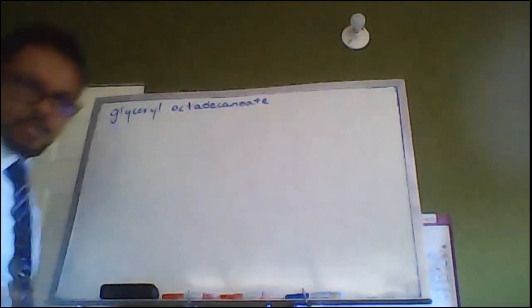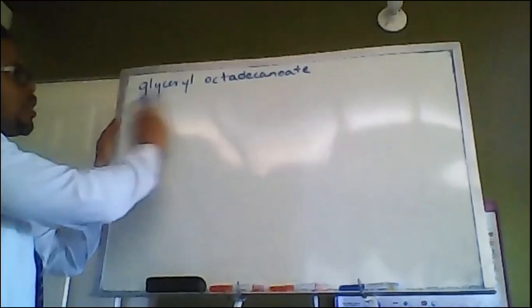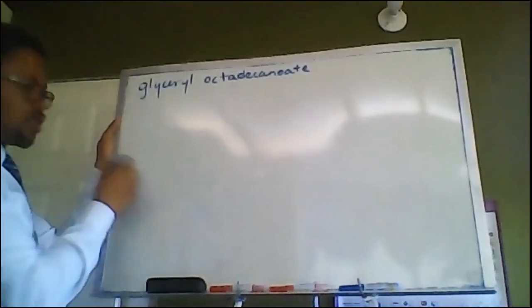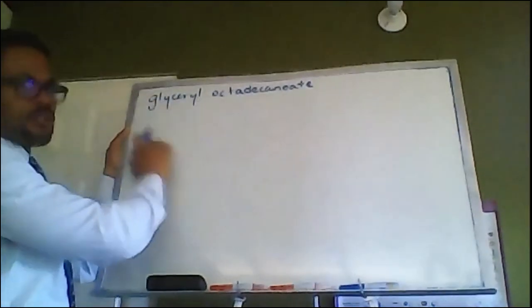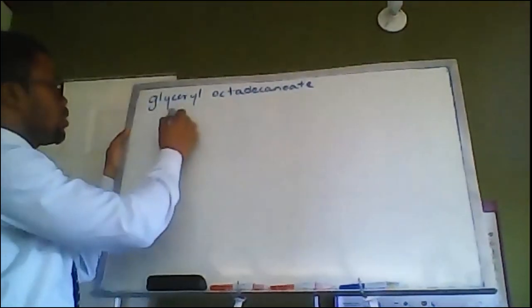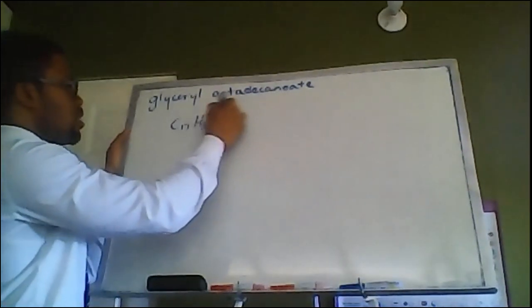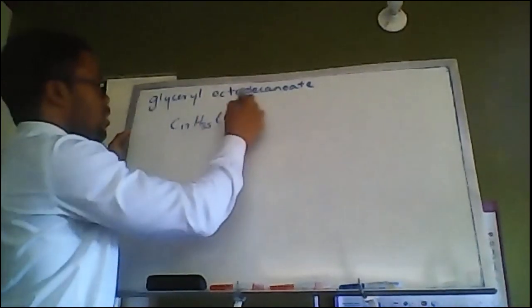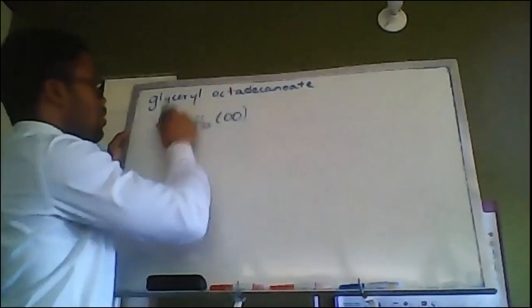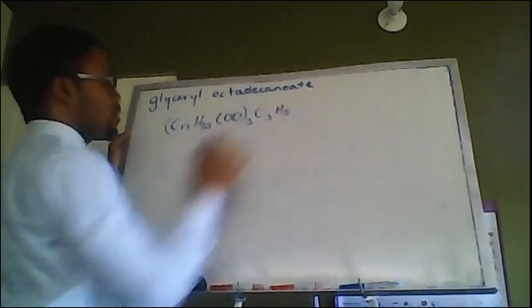It contains the alcohol portion, the glycerol part, and the formula for glyceryl octadecanoate is (C17H35COO)3C3H5.